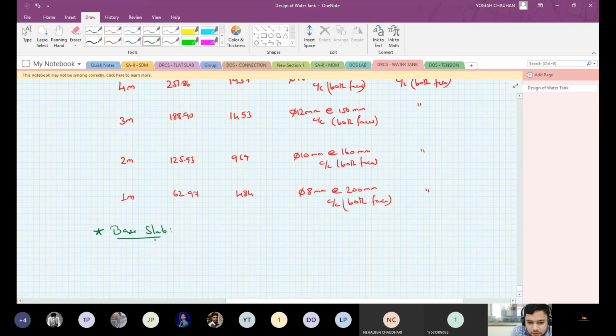Let us provide 200 mm thick base slab, and provide minimum steel, because when designing the base slab you have to check certain things which are dependent on the geotechnical report.